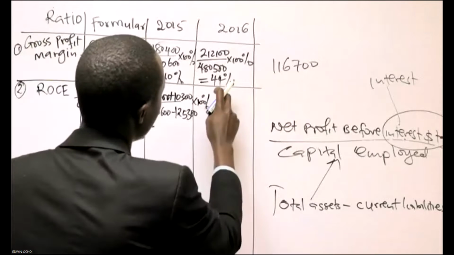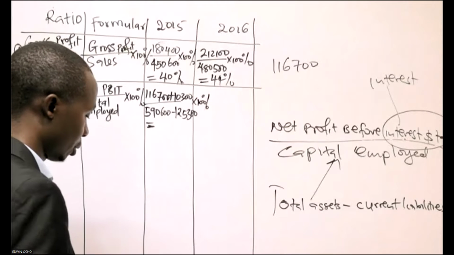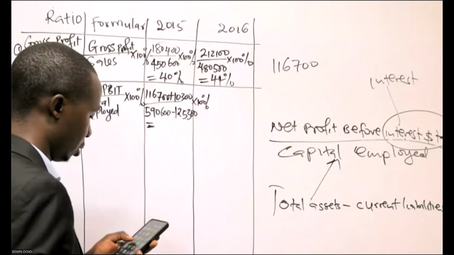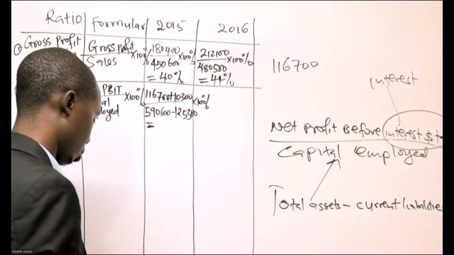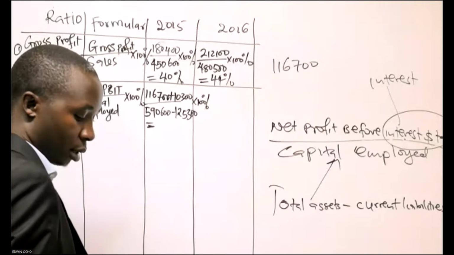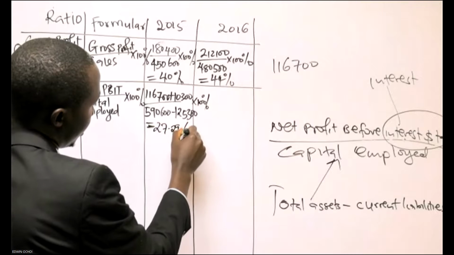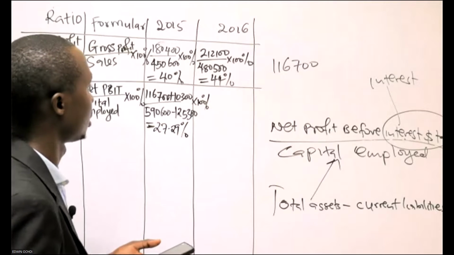Then for this side, just do the same. So for 2016, I will take what and what? The percentage is 27.29%.